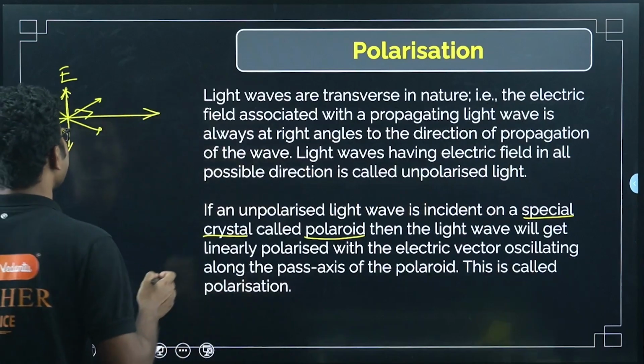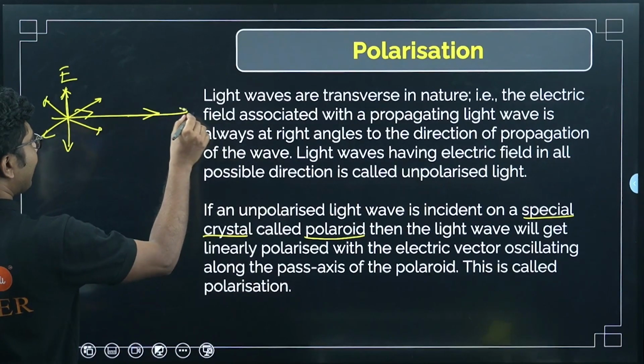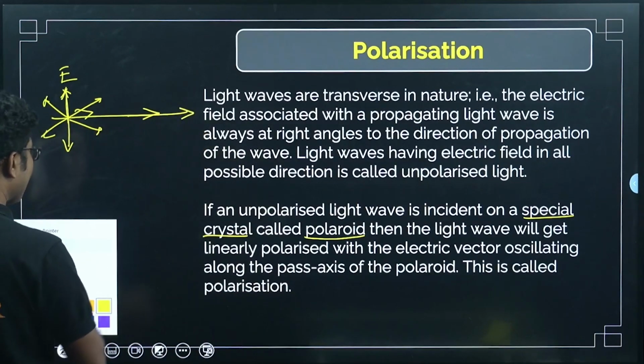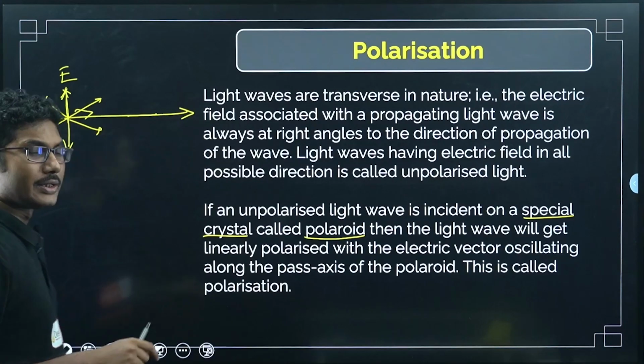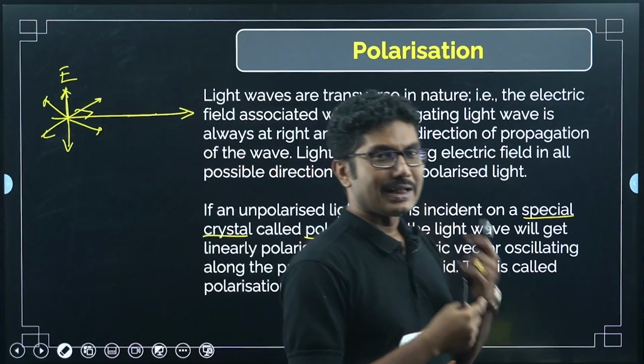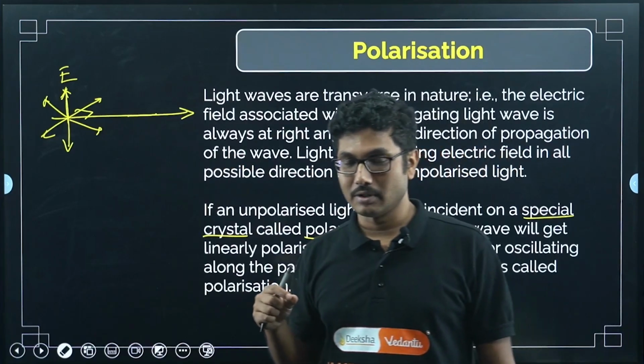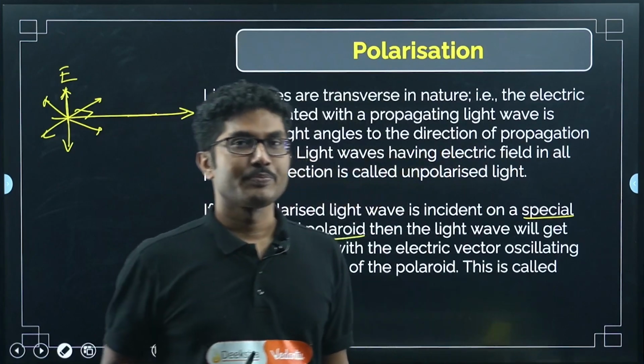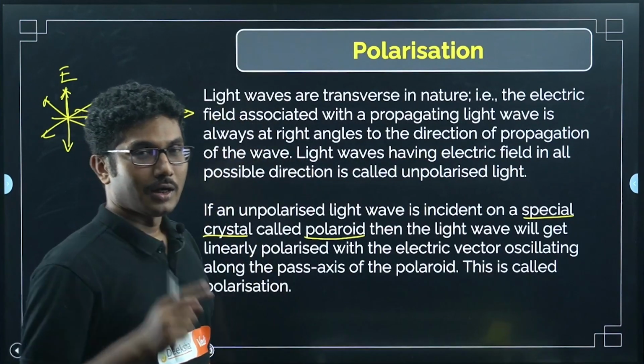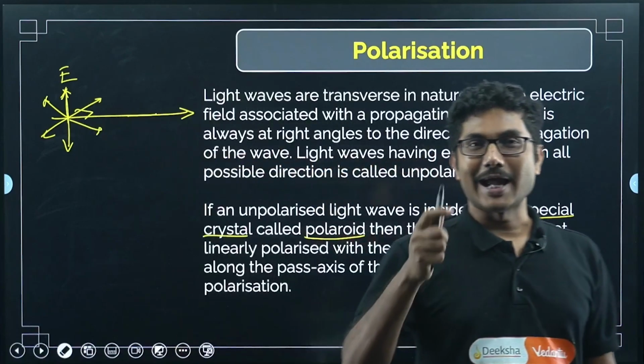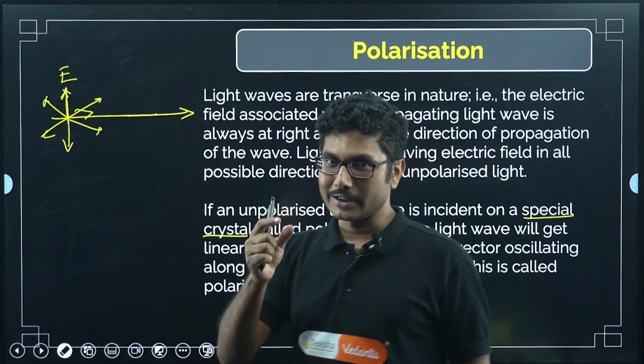Now you place a crystal. There are a few different crystals. One of them is quartz, you might have heard of it. Quartz is basically a crystal which is there in our old generation watches, and if you are a Jedi fan, you know that the lightsaber is built on quartz, right?